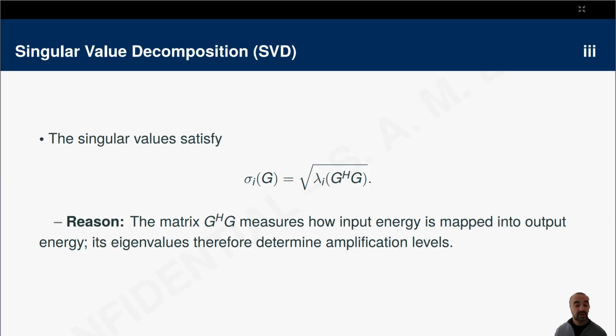This is why singular values, not eigenvalues of G, measure gain. As you see here, we have G^H G and lambda i, and this describes how input energy is mapped into output energy.